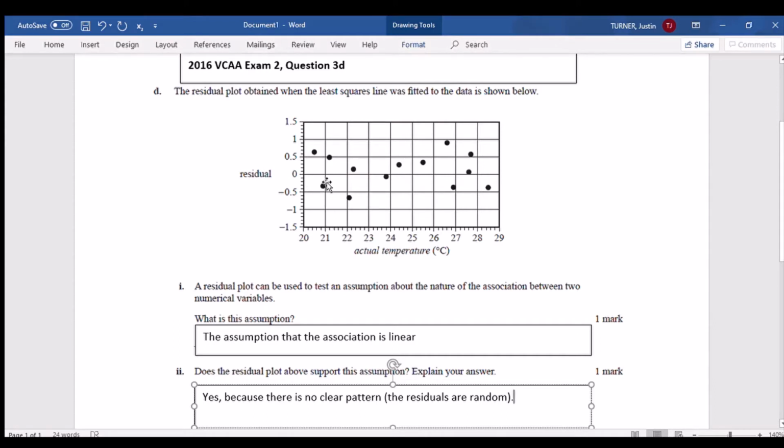Often you may see that the residuals seem to be curved, okay? If you do notice a clear pattern in the residuals, then perhaps the association between the two numerical variables should never have been considered to be linear in the first place. But because there's no clear pattern, then we know that we can assume that their association is linear.